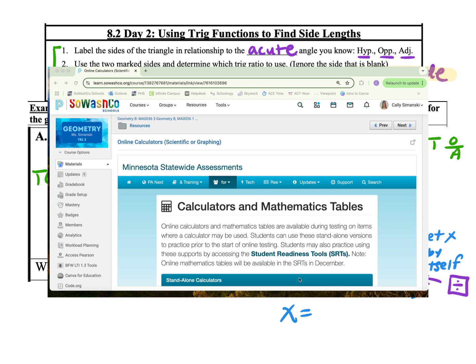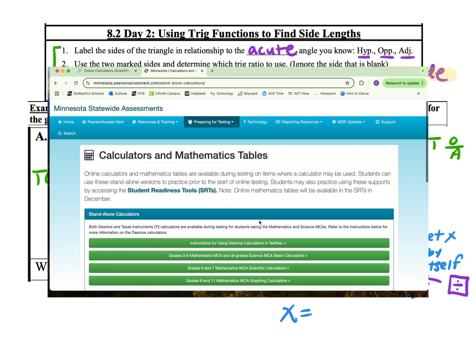If you do not own a scientific or graphing calculator, you should use the online calculator that's posted on Schoology. Go into the resource folder on your course Schoology page, and one of the resources listed is the online calculator, scientific or graphing. To make this work the best, you should open that in a new tab by clicking this little box with the arrow.